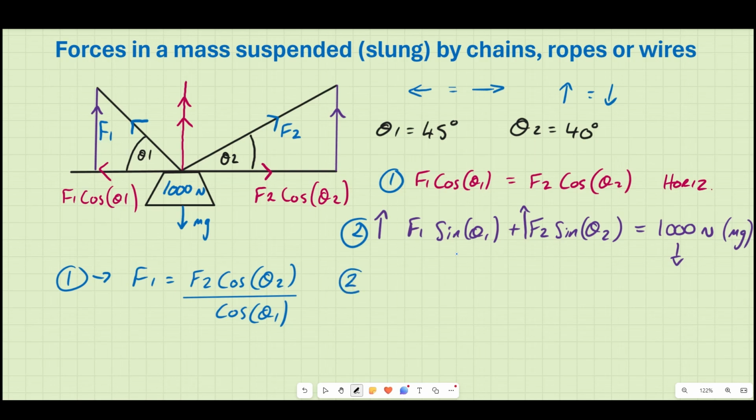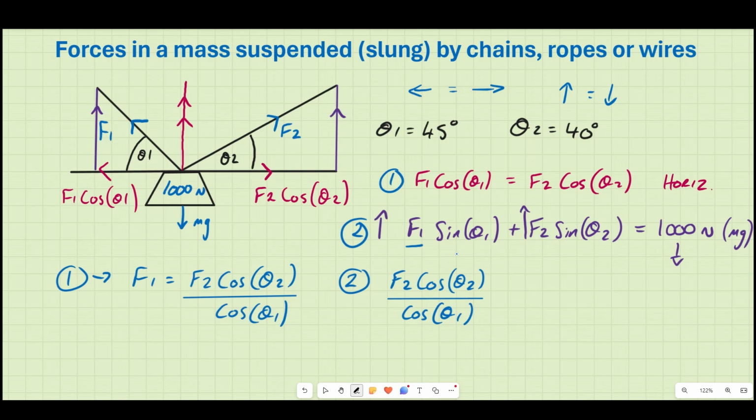So equation 2 can now be written as, instead of writing f1, we can write what f1 is equal to, which is f2 cos theta 2 over the cosine of theta 1.